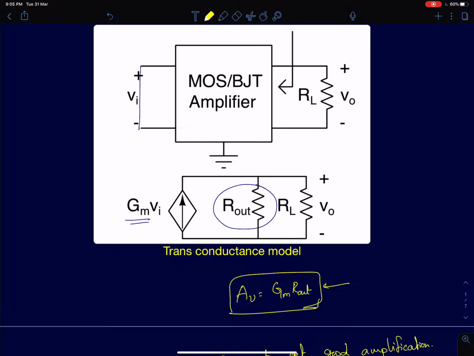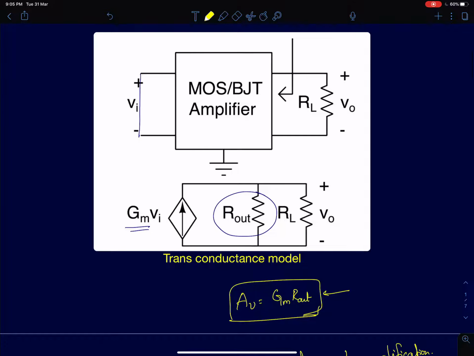And we said there are two methods by which you can get a very high gain. We took two examples. One is a cascade of common gate amplifiers and the other one is a cascade of common source amplifiers. In case of common source amplifier cascades, the R out was constant, it was always R naught, but we could significantly increase the transconductance Gm by cascading more and more stages.